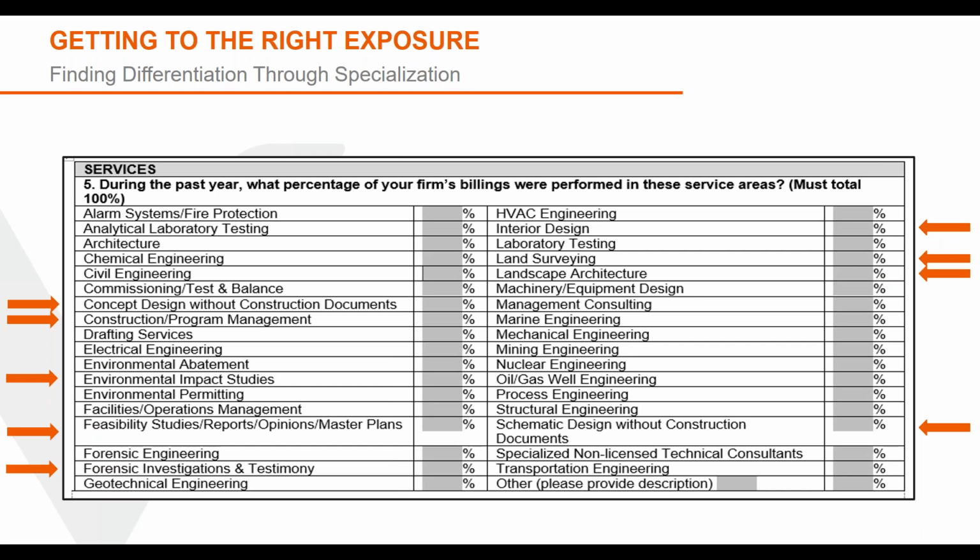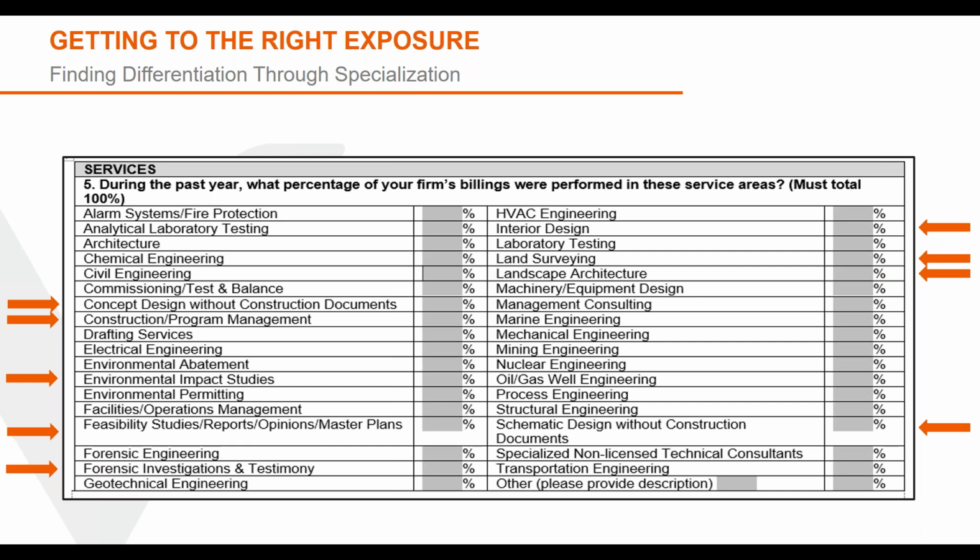It could be anywhere from a 40% discount to a 70% discount off their base rate. So you would take the base architectural rate and then discount that approximately 70% for some of these services. So it really does have an impact on the premium.